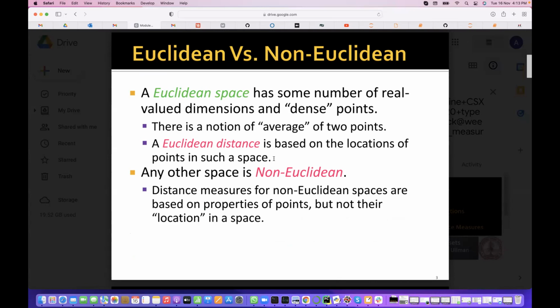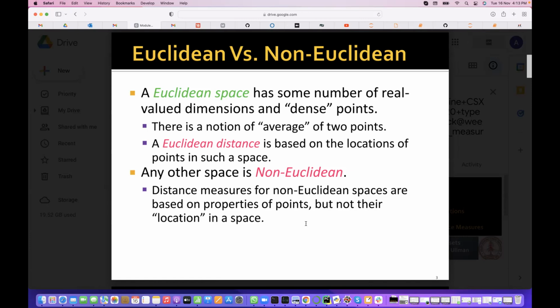There is another measure for distance, that is non-Euclidean. Any other space is non-Euclidean, where you cannot find averages, where it is not based on locations in a space. Distance measures for a non-Euclidean space are based on properties of points, but not their location in a space. If you see records, there is nothing like a space where you can put the points.